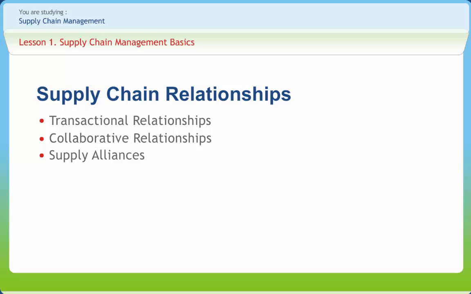The three most important factors required for a successful collaborative relationship between a buyer and a supplier are two-way communication, responsiveness to supply management's needs, and clear product specifications.